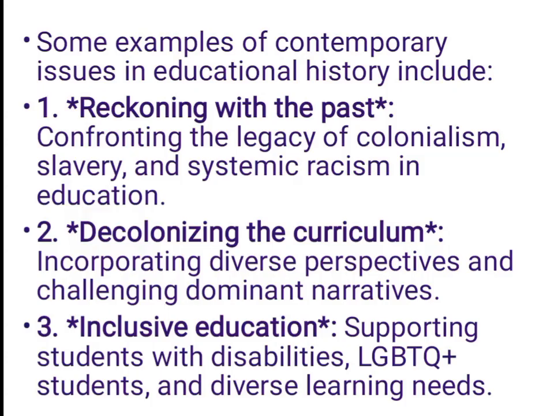So now, how are we going to work this out? Because some of the things in education have the influence of such historical events like colonialism, slavery, and systemic racism. So you would find that education has some elements like that, even in the current education.